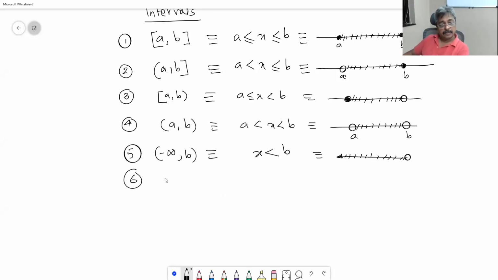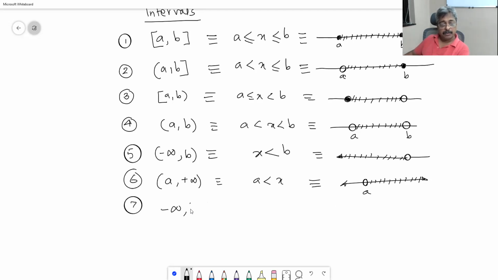6. a to plus infinity: a is less than x. 7.